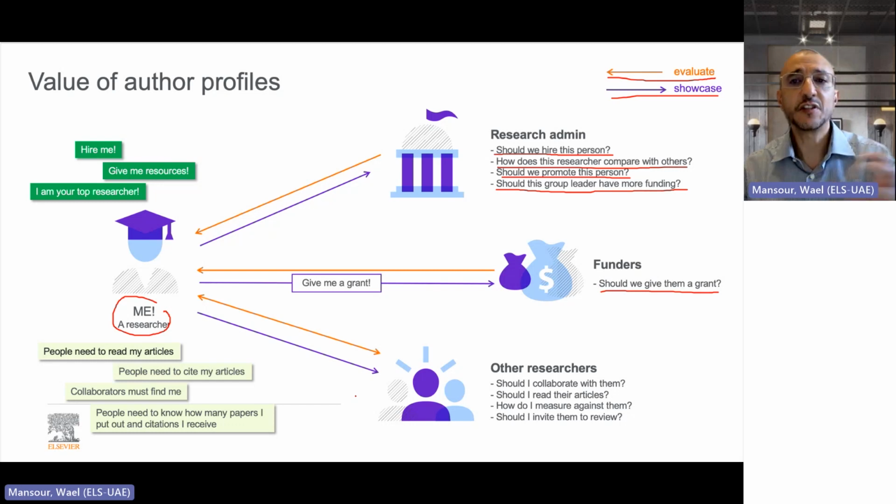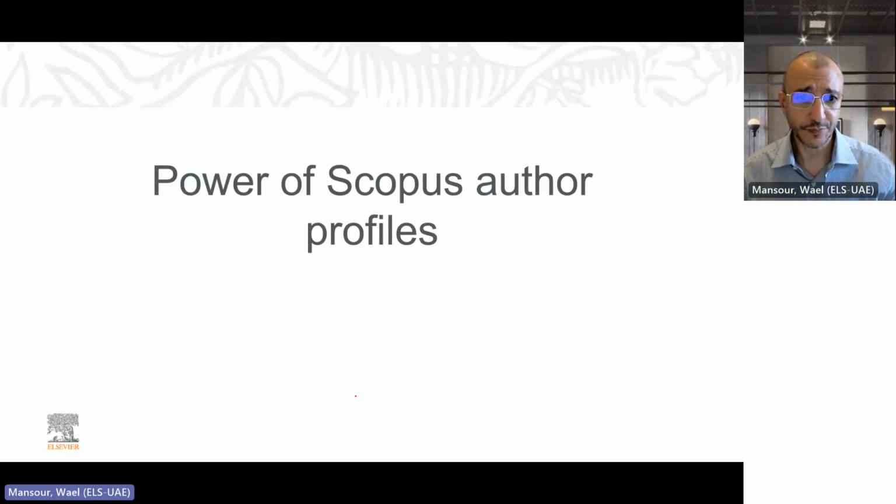So that's the relationship between the researcher and different types of entities. It could be an institution, research institution, university, and so on, or some institution like a funder, like KFAS, or other researchers. So we have different types of entities here in this slide, and I think it's an important slide.